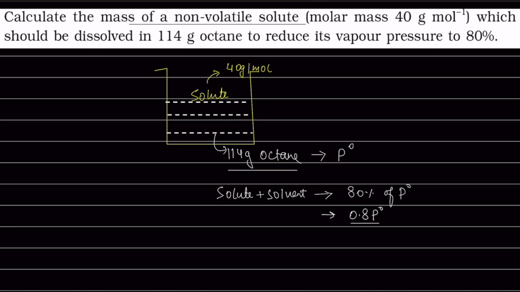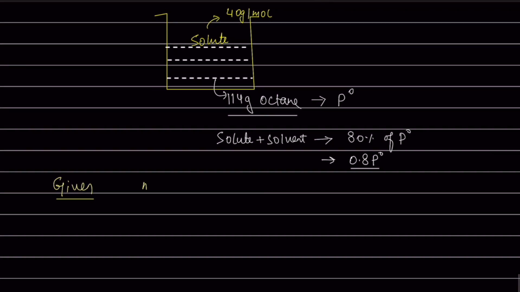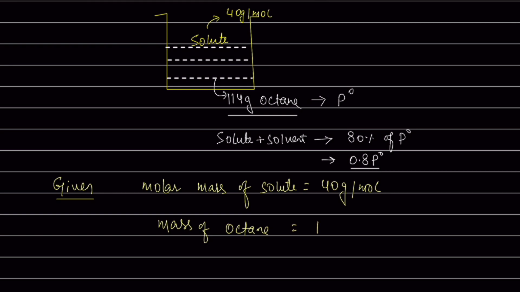To solve this question, we can use Raoult's law. First we write the given values. According to the question, the molar mass of solute is equal to 40 gram per mole and the mass of octane is equal to 114 gram.